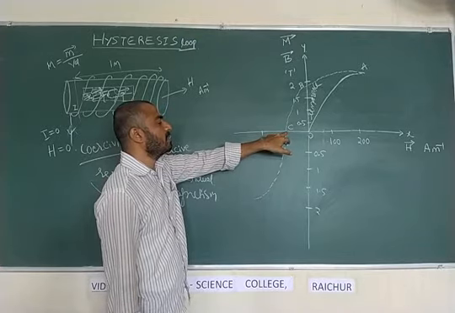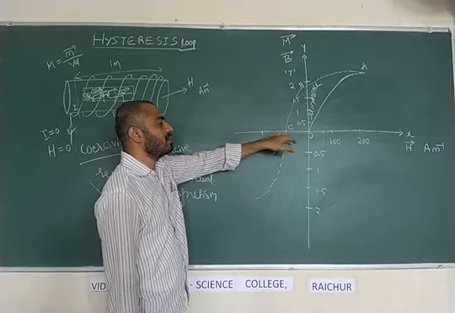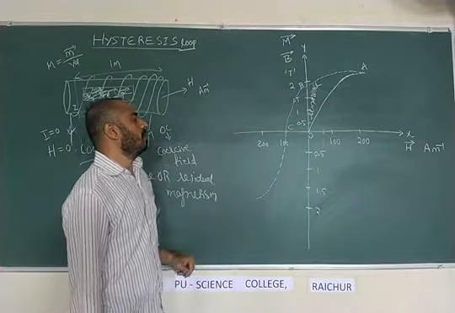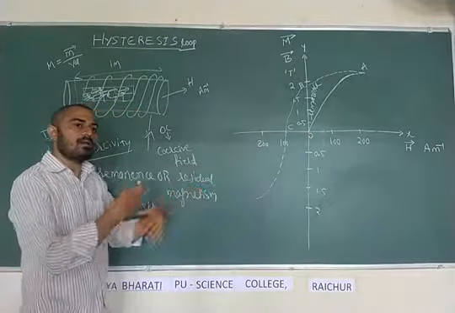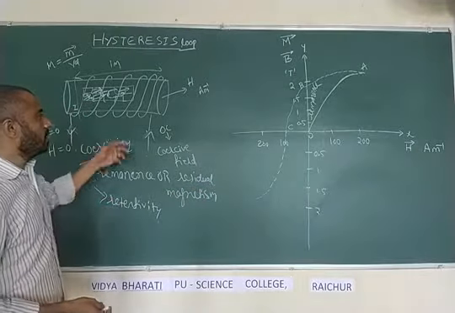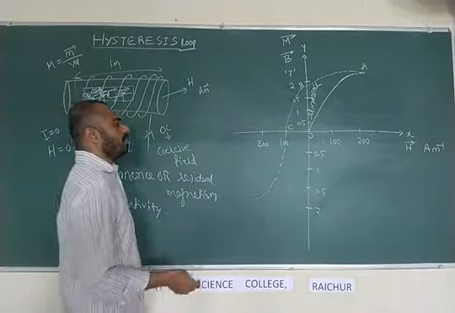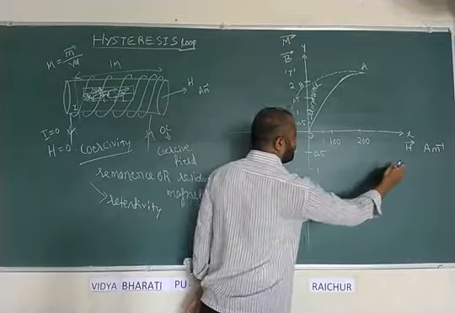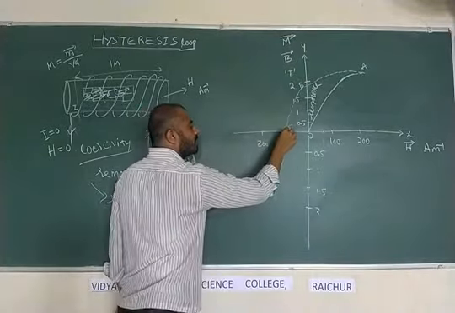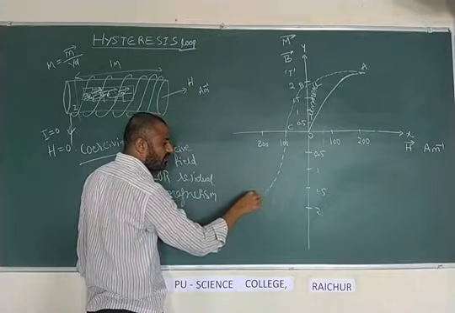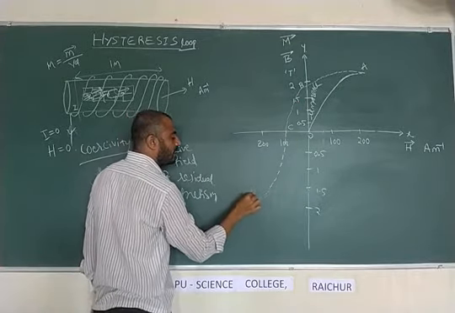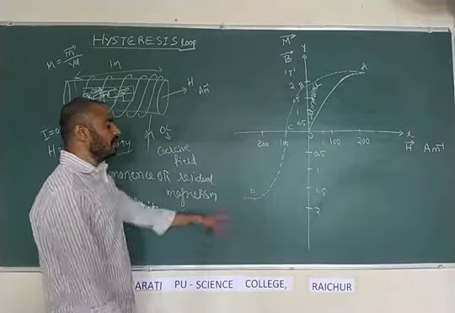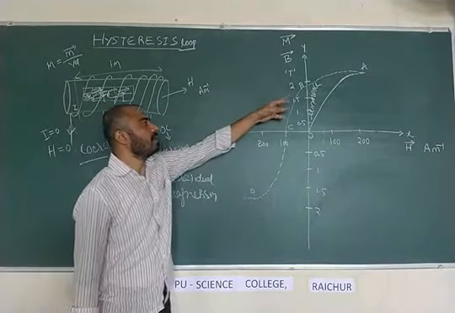Once it has gone to 0, I don't stop there; I go on increasing the current in the same direction. When I go on increasing current or magnetizing field intensity, again B value increases and it reaches saturation again. Further increasing the H value, B value does not increase.